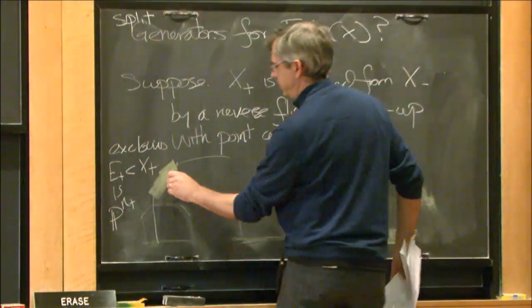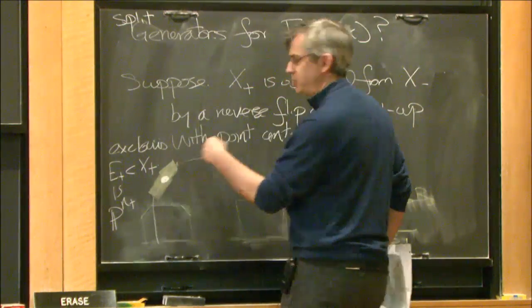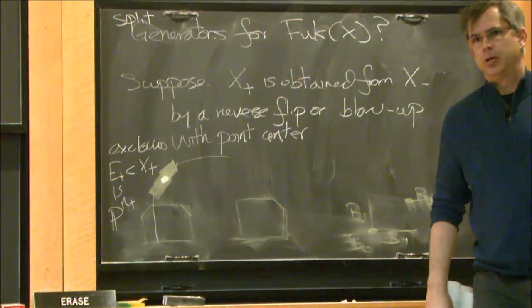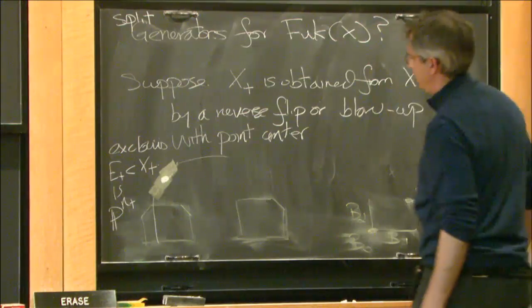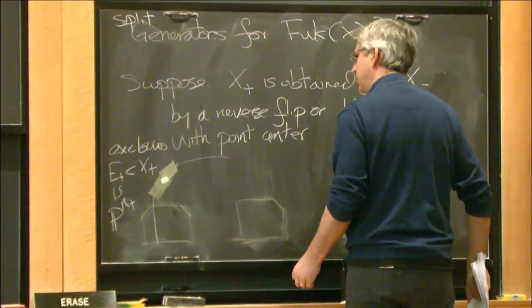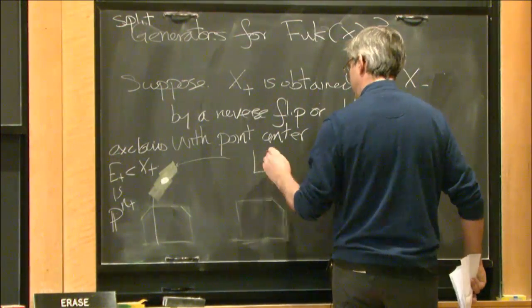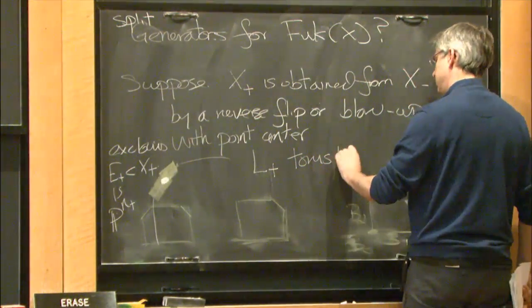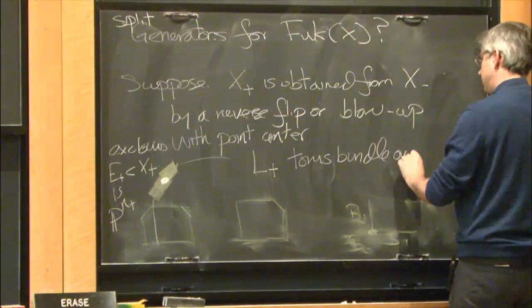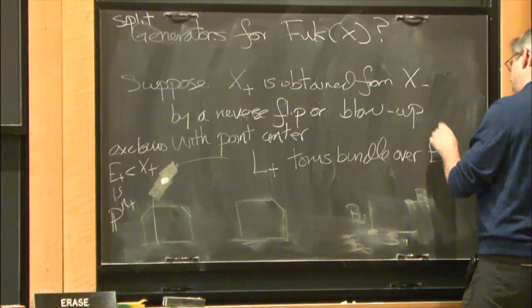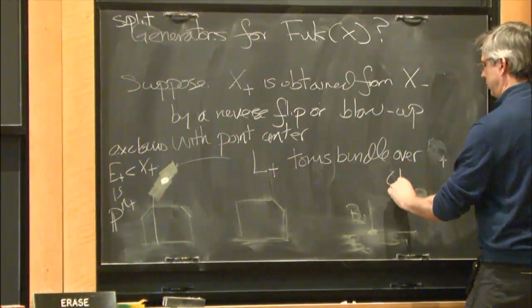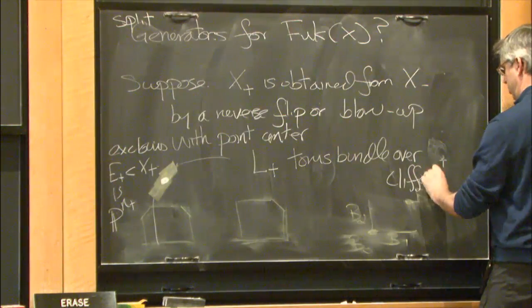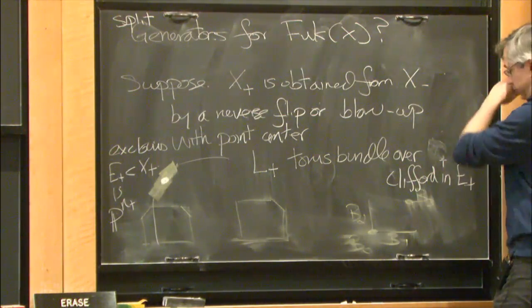So in my picture, this would be something sitting in the middle of the projective space, away from the facets, and so then L plus is going to be a torus bundle over the Clifford torus in E plus.